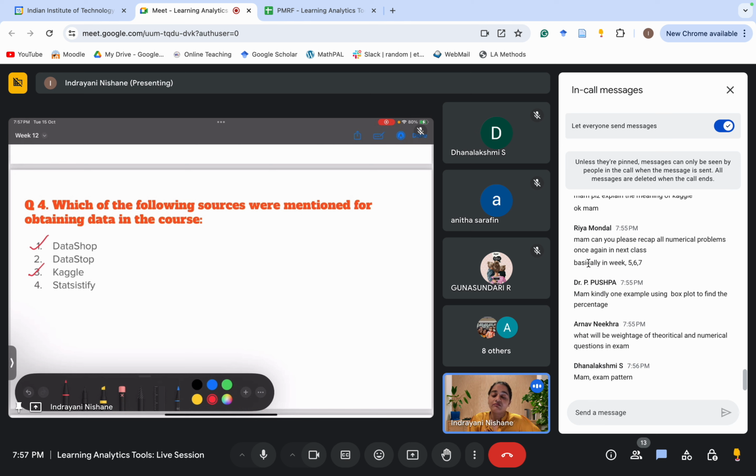Sometimes you will notice that the questions are the same, because the questions which we have solved now are of previous year. So you may get the same questions which we have solved in the class, and similar questions to what you have solved in the assignment. So don't worry about the exam pattern. Just focus on assignment questions and you will do good. Okay.